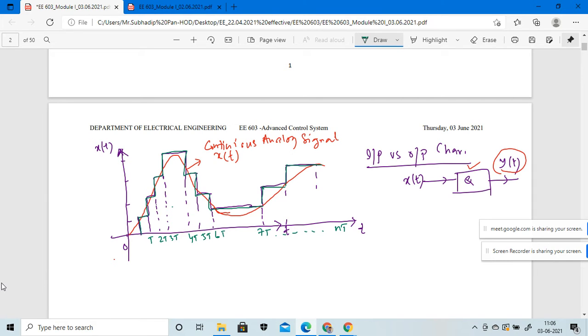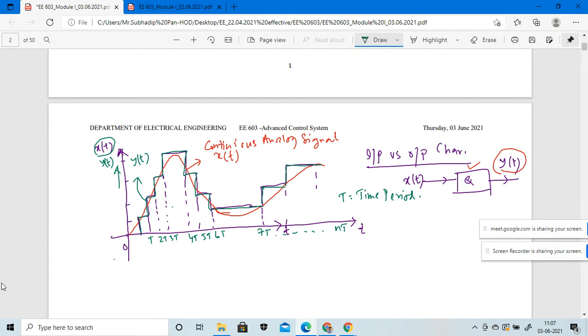This signal is known as my discrete signal, or the quantized signal, which is termed y(t). So we are putting the x(t) value and the y(t) value on the same axis, depending upon what my period is, where t signifies the time period.